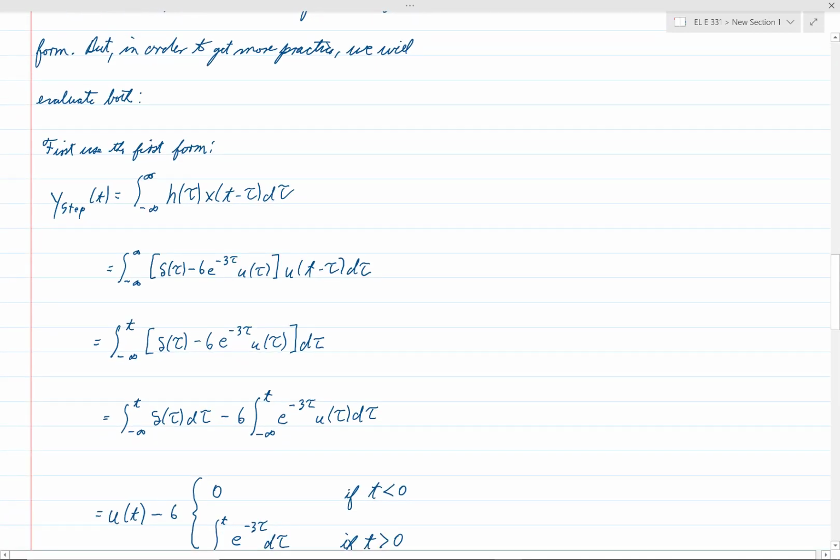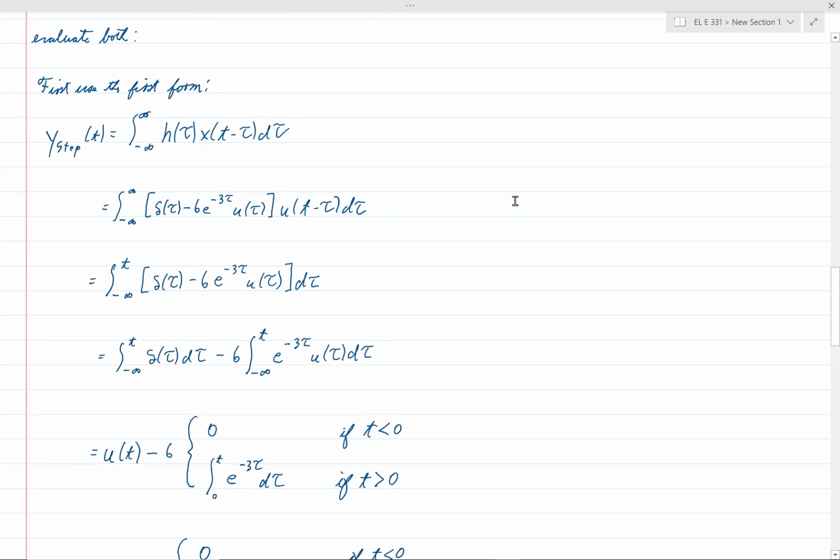I'm first going to choose the form that associates the more complicated argument with the simpler function. So we have y step of t on the left, and here h of tau is this. And since x of t is equal to u of t, x of t minus tau will be u of t minus tau.